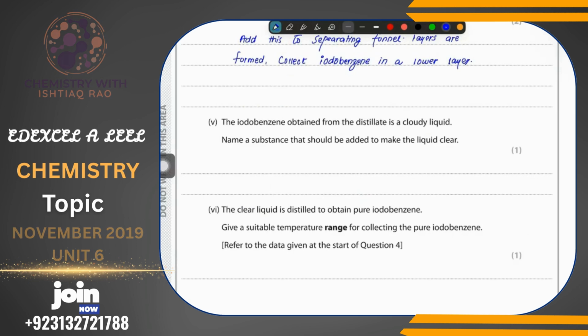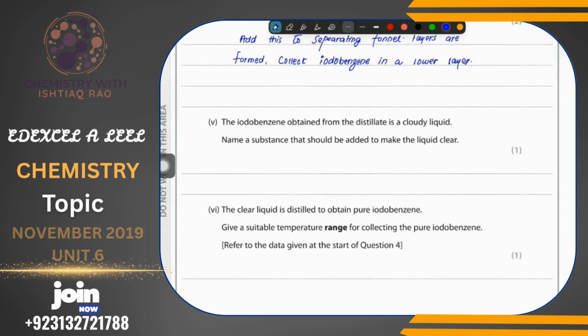The iodobenzene obtained from the distillate is a cloudy liquid. Name a substance that should be added to make the liquid clear. Anhydrous calcium chloride. Why? It is a dehydrating agent.